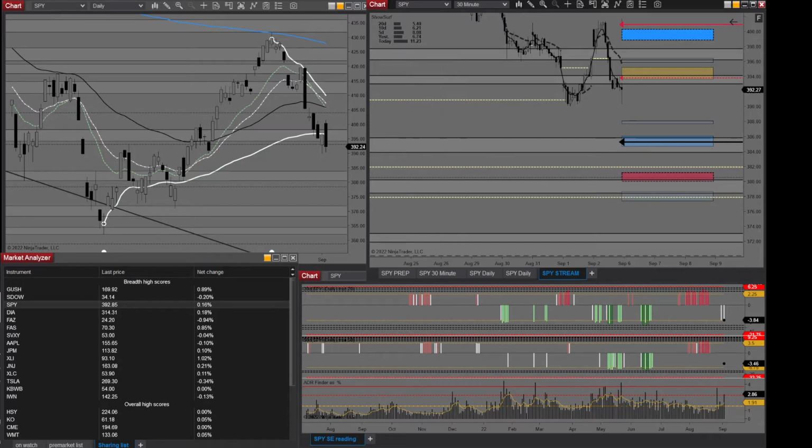Come up here and maybe take a starter position at the bottom edge of the zone, which, since it's blue, would probably be the upper edge of the daily range, excuse me, ADR. In fact, I might even wait. Again, it's not a recommendation to buy or sell by any means, folks.